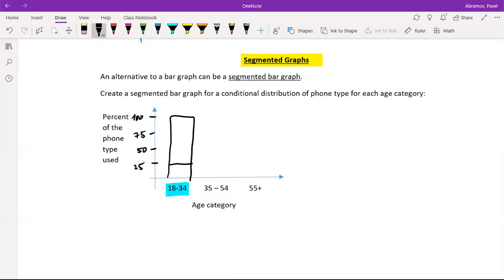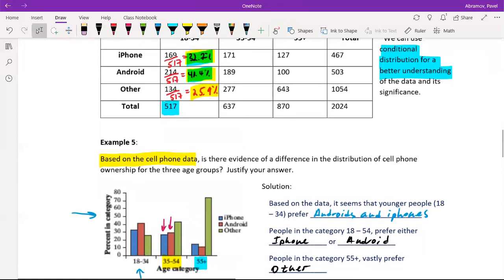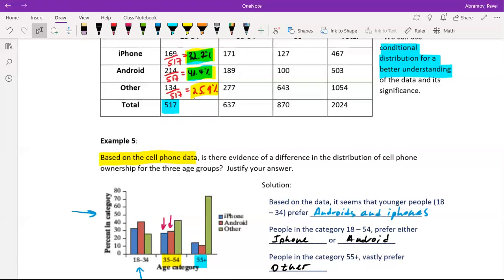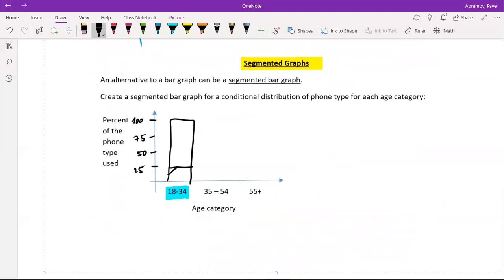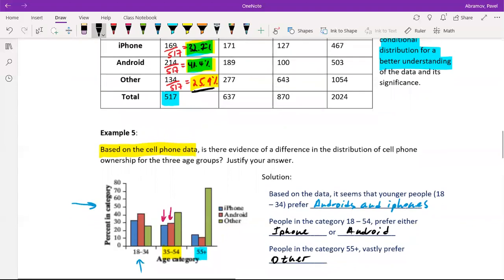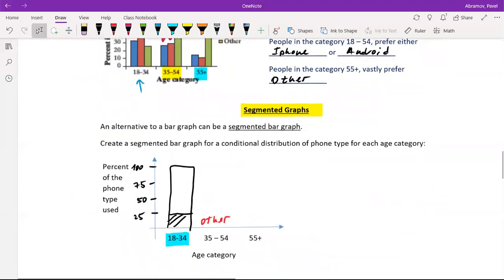So we know that about 25.9% of people preferred other types of phones. So this segment right here will represent our other. Then the next category we had, if I'm not mistaken, 32.7% of people preferred iPhones.